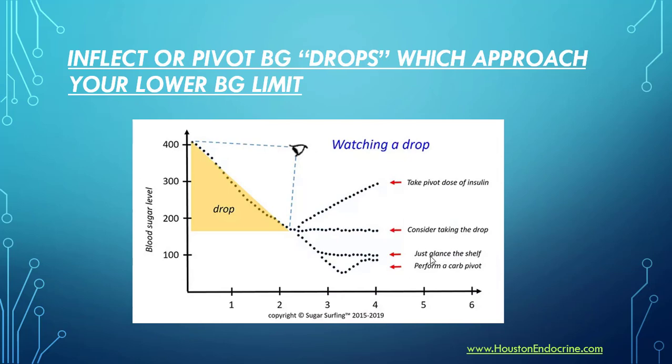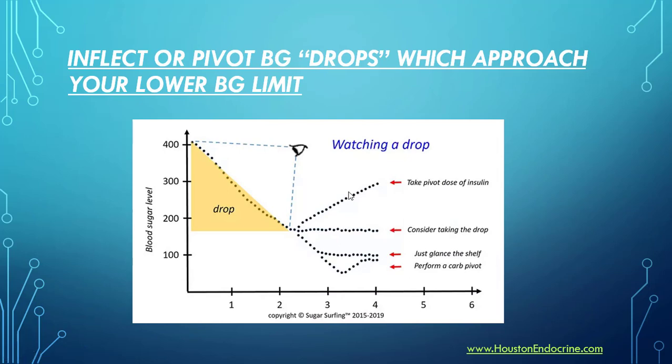In this diagram, one option is to take a pivot dose of insulin because your blood sugars start to inflect and rise upwards. If you see that, insulin would make sense there.